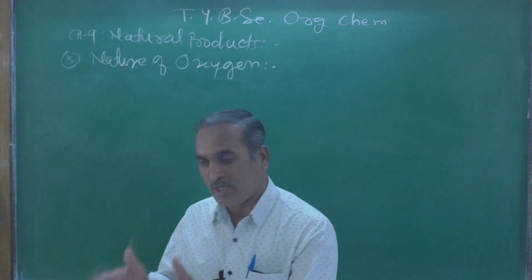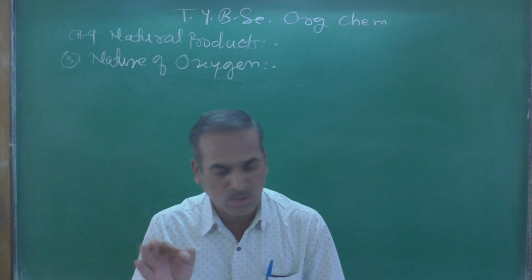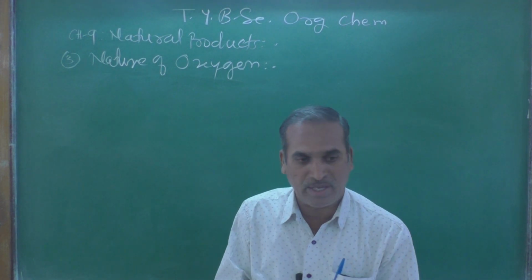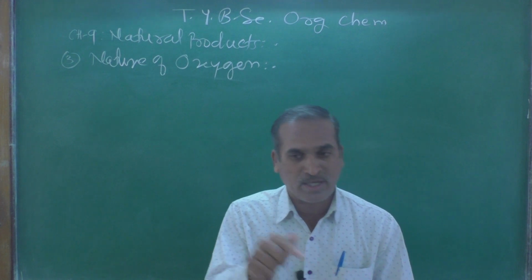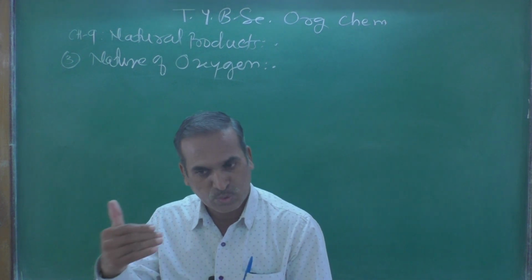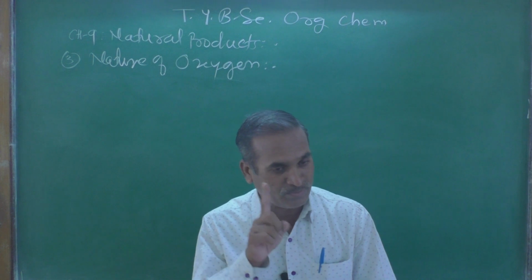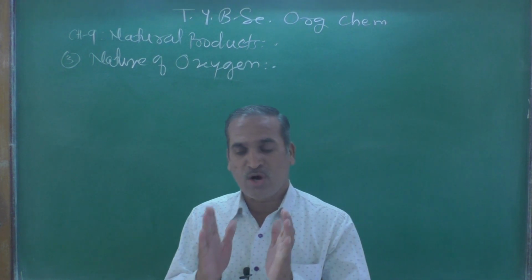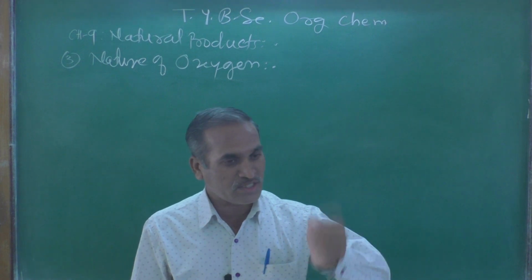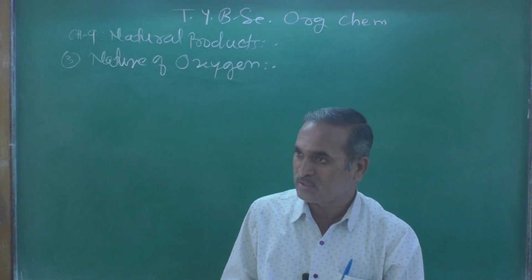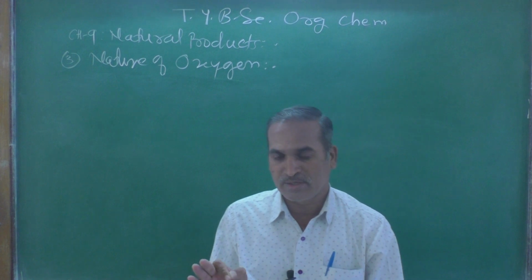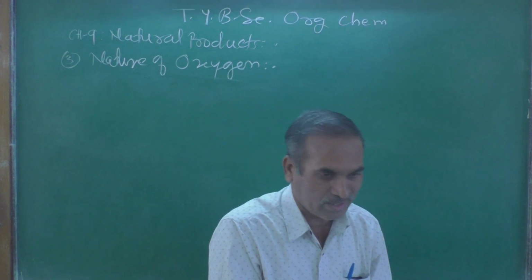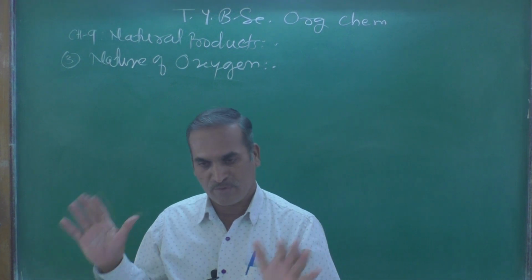If it is a hydroxyl group, it may be alcoholic or phenolic. Two kinds are there, so how can we distinguish alcoholic from phenolic? There is a chemical test used for distinguishing between the phenolic and alcoholic hydroxyl group.